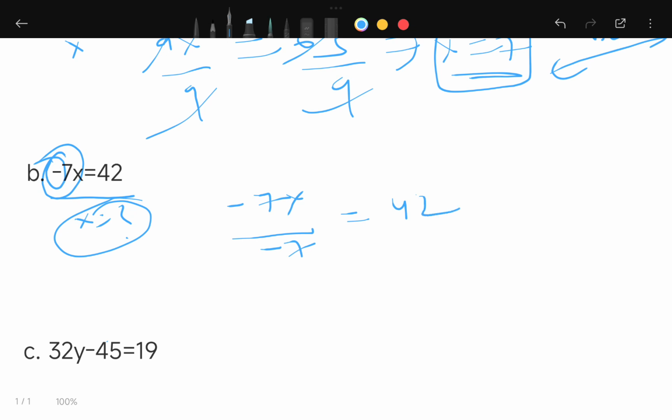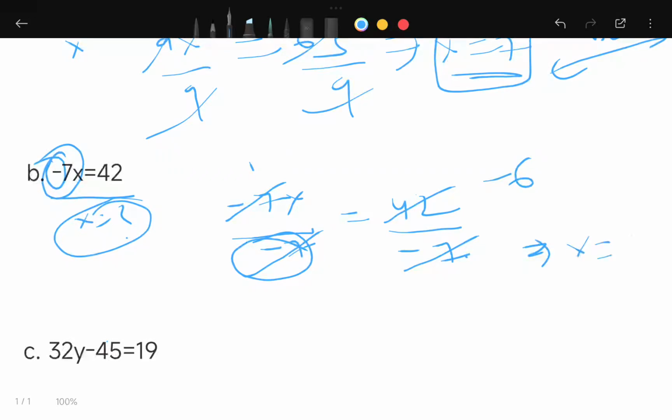Since we are performing division on the left hand side, we need to perform it on the right hand side also. Minus 7 into 1 equals to minus 7. Minus 7 into 6 equals to 42, which gives x equals to 42.